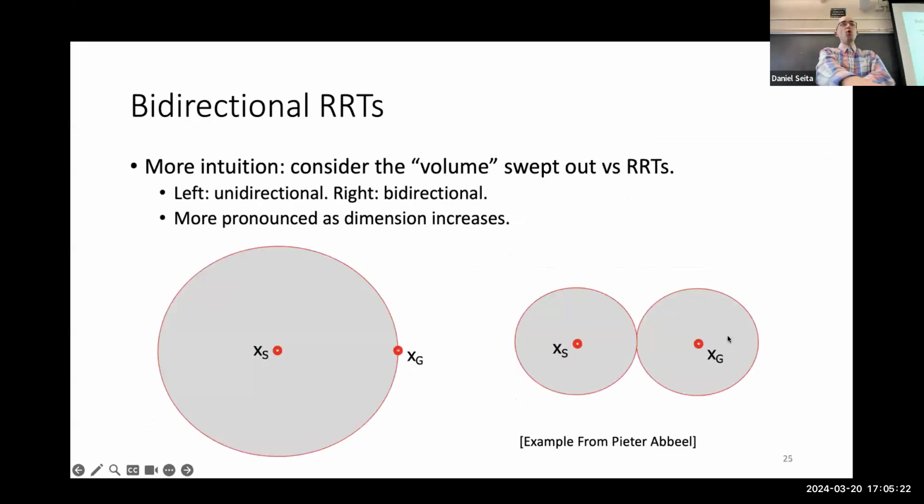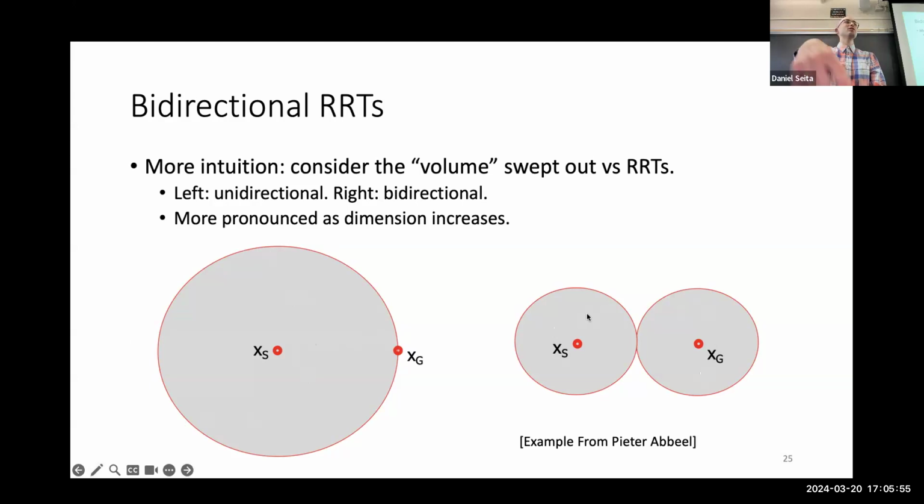Yeah. And if you also want a little more intuition, then maybe just think of this diagram. So if you had no obstacle and you could grow the tree in basically any direction, then if it's unidirectional, then assuming the same distance from your start to the goal and the start to the goal here, what's the relationship between the total area of this and the total area of this?